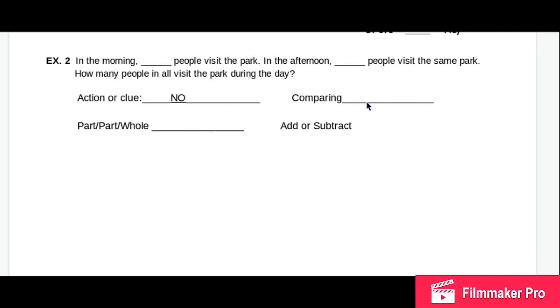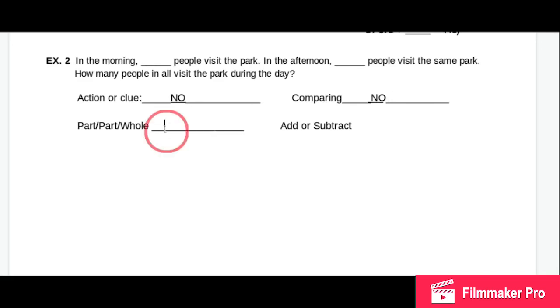Is it comparing? No, this is not a comparing problem because it's saying how many people in all visit the park during the day. It is not saying how many more people visit the park in the morning than the afternoon. It is not asking us to compare.